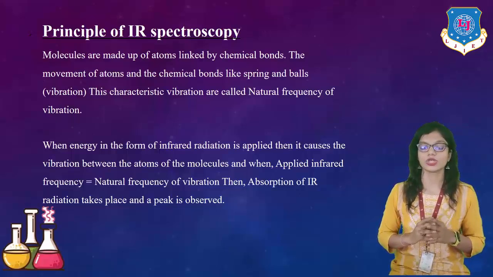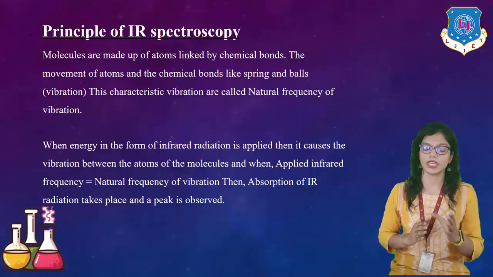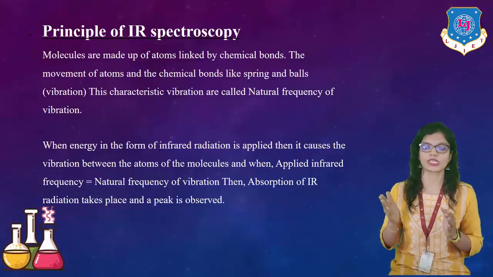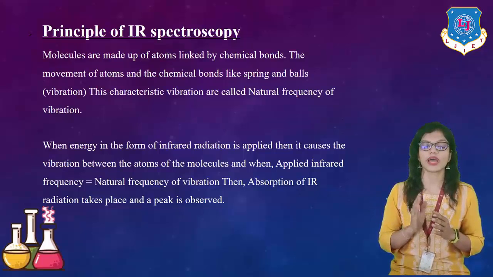So when the energy in the form of infrared radiation is applied, it causes vibration between the atoms of the molecules, and when the applied infrared frequency matches or equals the natural frequency of vibration, then absorption of IR radiation takes place and a peak is observed.